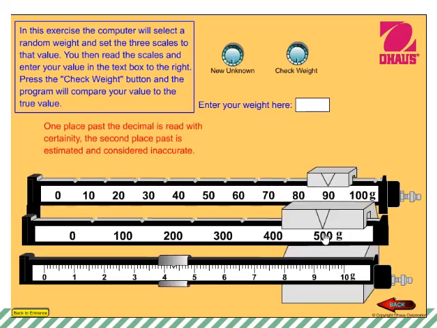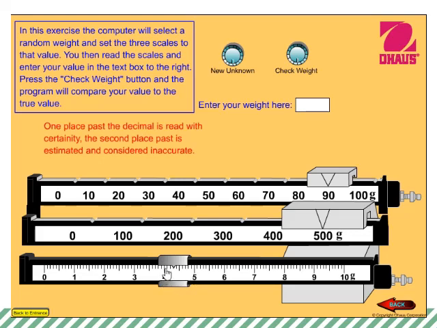Okay, the way you read this is you're going to read the middle first, and then you're going to read the tens place, and then you're going to read the ones place, and that's where you'll have your decimals. So right here we have 500 plus 90 plus 4, but it's not a whole number because it's between 4 and 5.